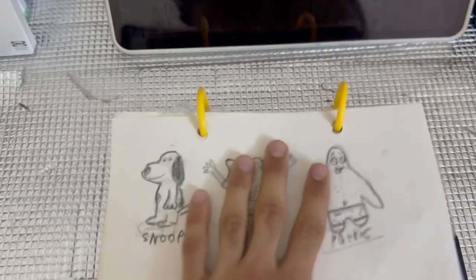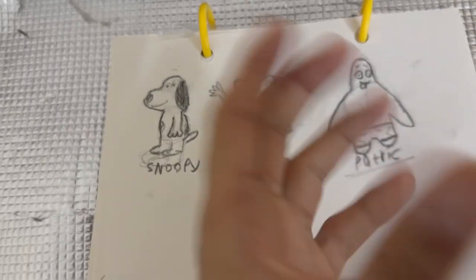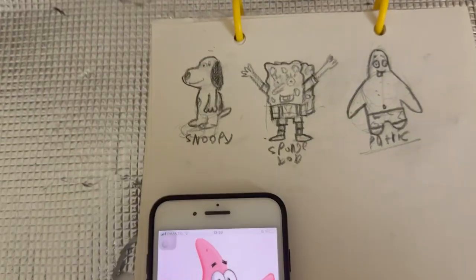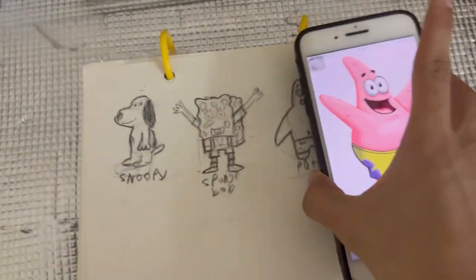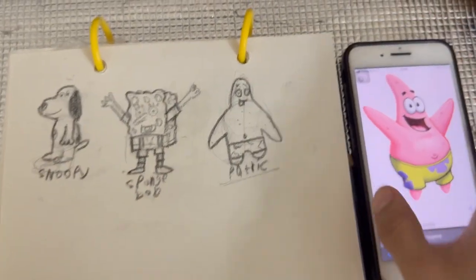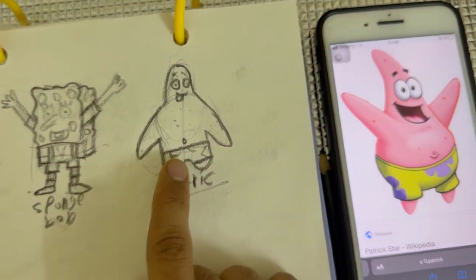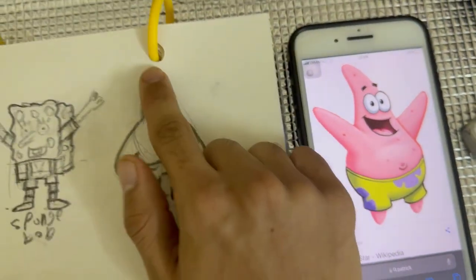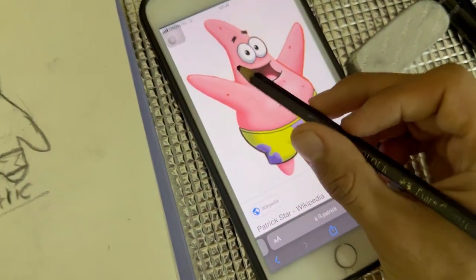Let's take a look at how he actually looks by taking an image of him. Alright, so here's a picture of Patrick. Compared to my image, I think I might have overestimated his head. His head needs to be a little bit sharper, so let's make pencil. What I need to do was make it a lot sharper on the head. And you can see that Patrick has some sort of tongue right here, which I did not draw.